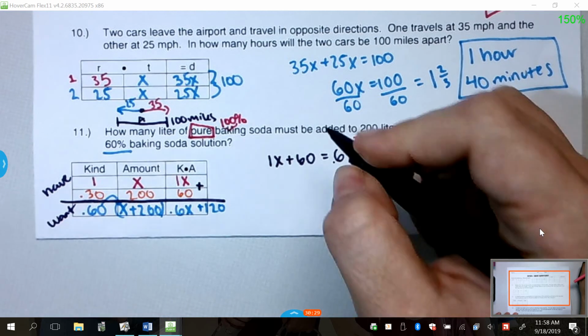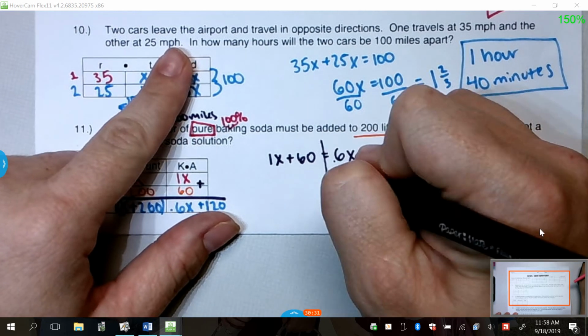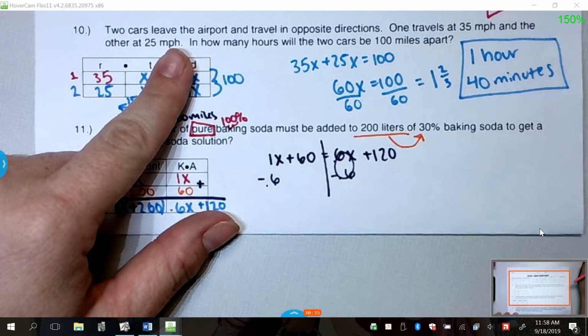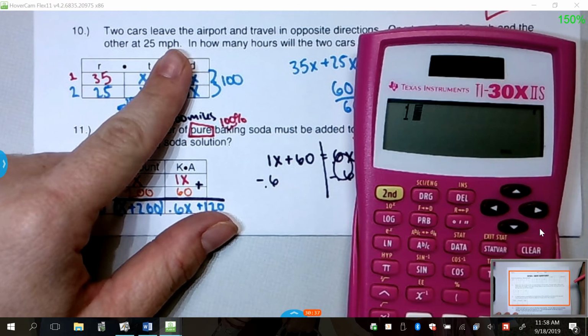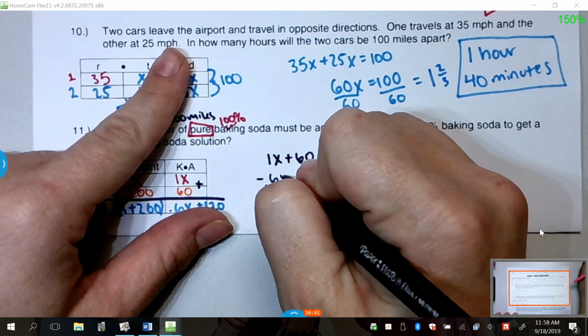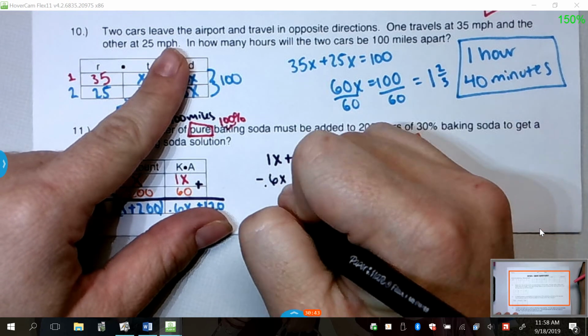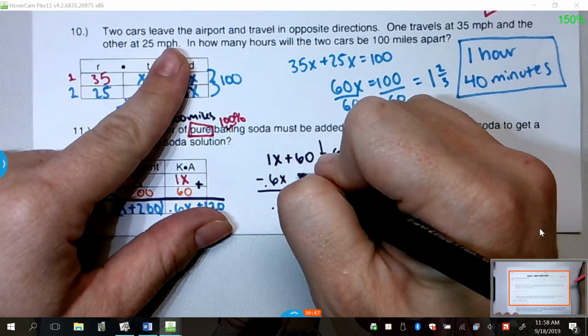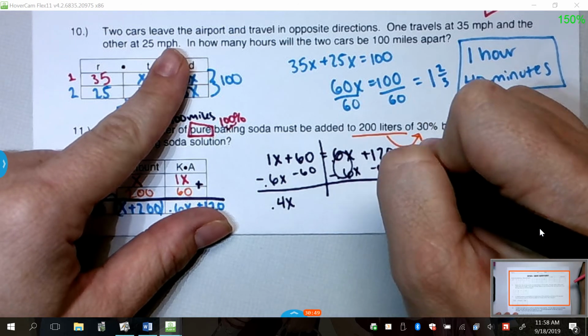Okay, so I'm going to move my smaller x. This cancels. 1 minus 0.6 is 0.4. Okay, and then I'm going to move this 60 to get it away from my x.